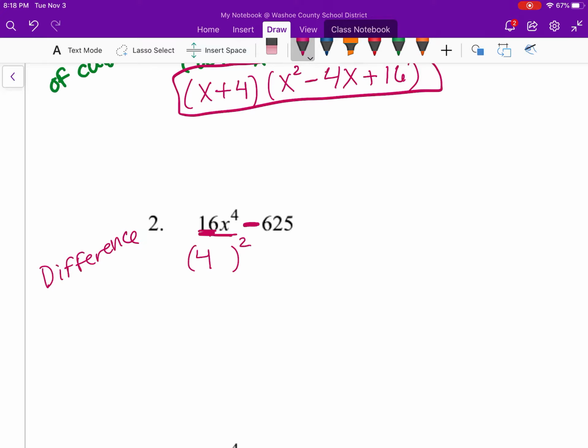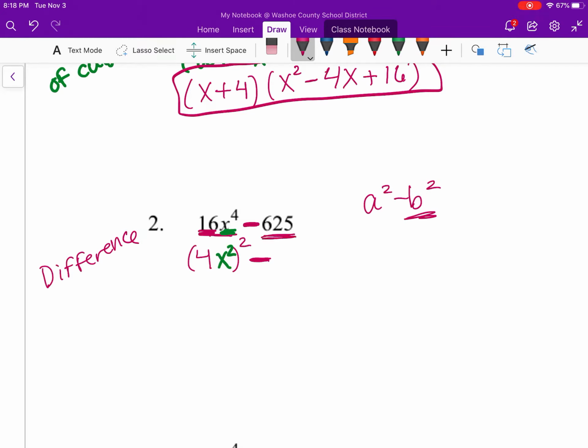And what squared would give me x to the 4th? Okay, hopefully you're thinking x squared. If I were to distribute that exponent back in, then I would get the previous step, which is 16x to the 4th. I'm going to bring down my minus. And remember, your difference of squares is a squared minus b squared.